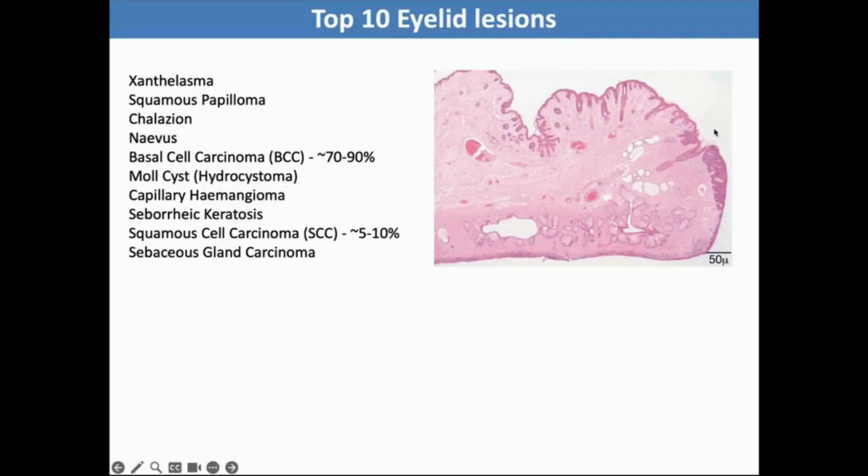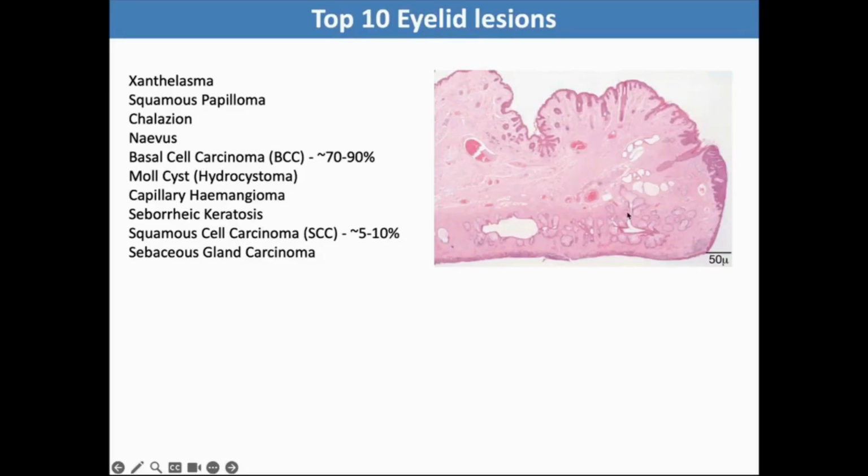Now you have to remember that the eyelid essentially consists of the epidermis, so the skin side of the eyelid, and then it comes to the region of the eyelashes, and then we've got the undersurface of the eyelid, which is lined by the conjunctiva. And we have what is called the tarsal plate, and within the tarsal plate we have the sebaceous gland units, which can be seen here.